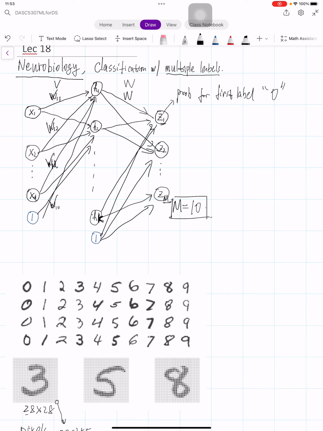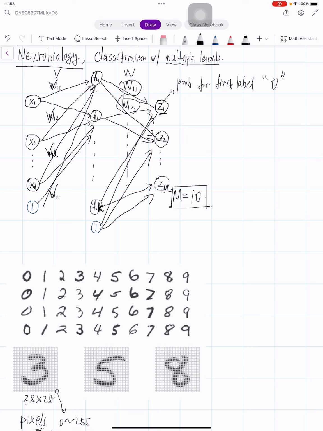The V weights go from the inputs to the first hidden node, the second hidden node, and so on, so we have k of them. These are the W weights, from the hidden layer to the output labels.